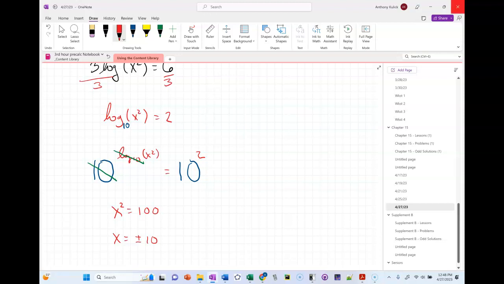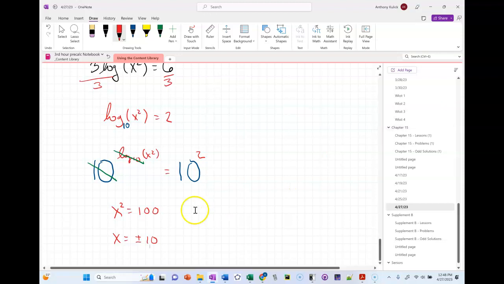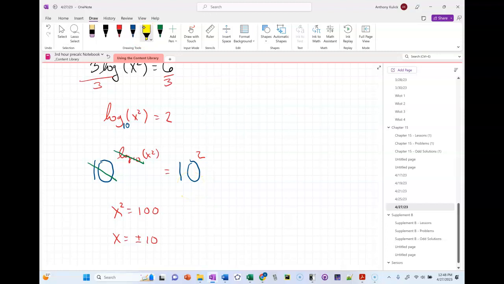But for logarithmic equations, we have to do something else. We have to check. I can get extraneous solutions just like I could in the rational equations.